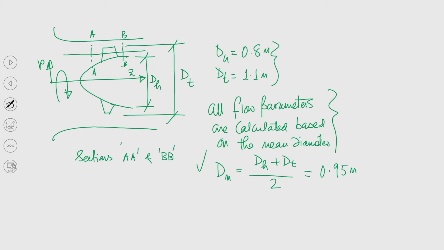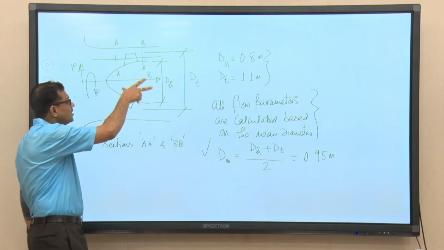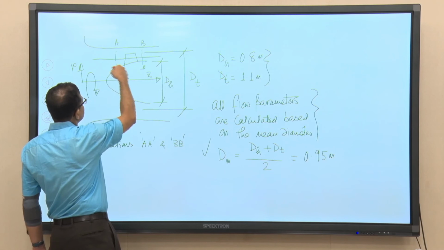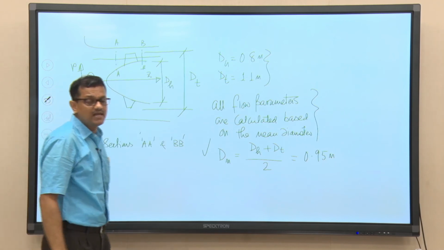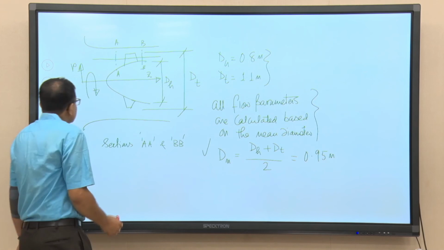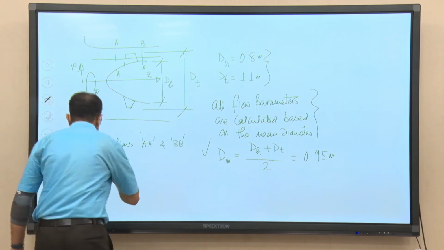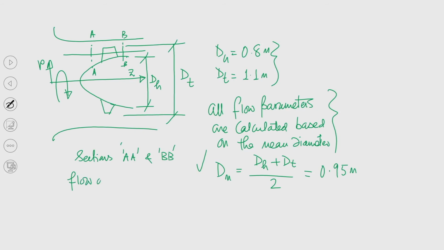Okay. So, if we consider sections AA and BB, I am not talking about far away from the blade, far upstream and far downstream of the blade. So, this span is not very high. If we look at these two sections AA and BB, we see that the flow area remains the same, right. So, the flow area is nothing but pi by 4 dt square minus dh square, right.